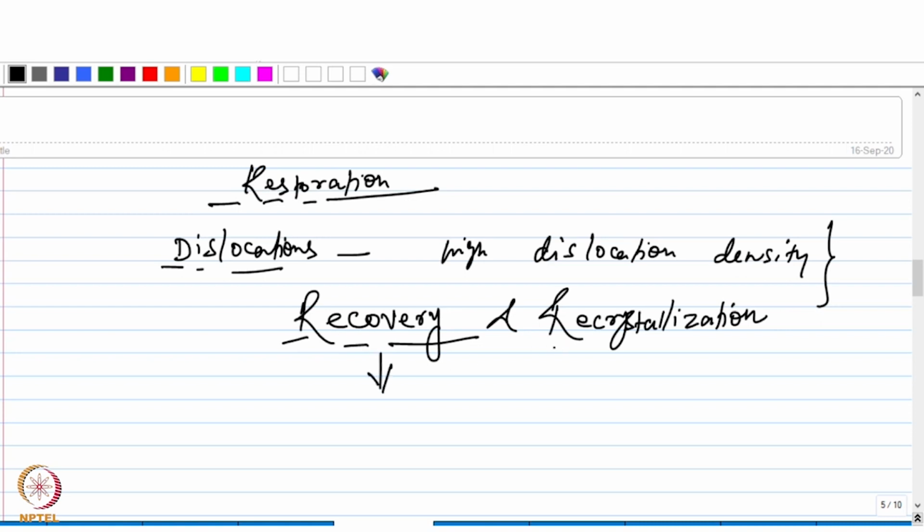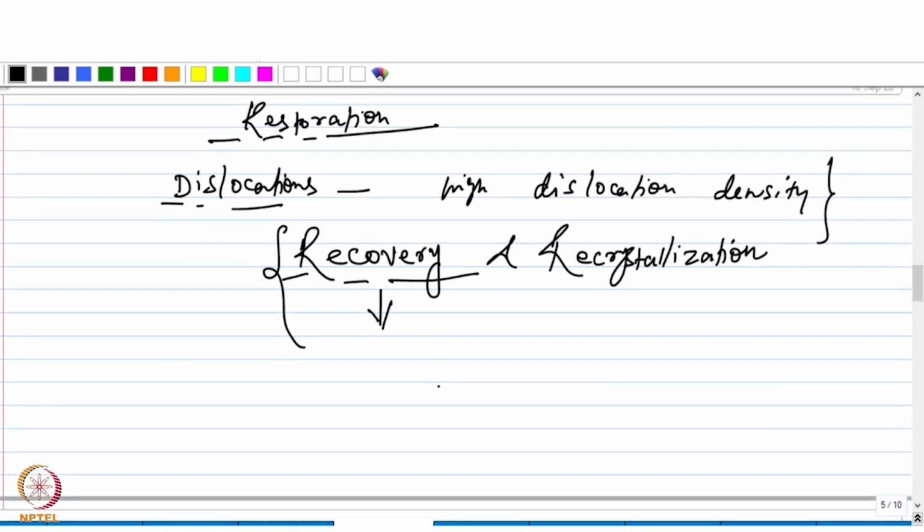Before the recrystallization actually occurs, the material will go through the recovery process, and this is basically the annihilation and elimination of the dislocation density and restoration of some of the physical properties which would have been reduced or lost during the cold working process. Okay, so we need to look at the ways in which dislocations can be annihilated or eliminated from the material.